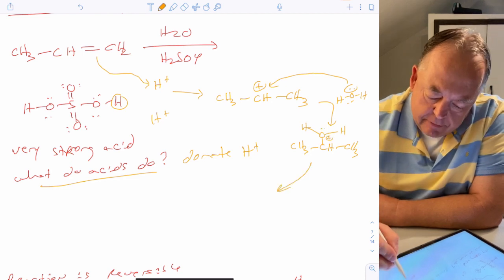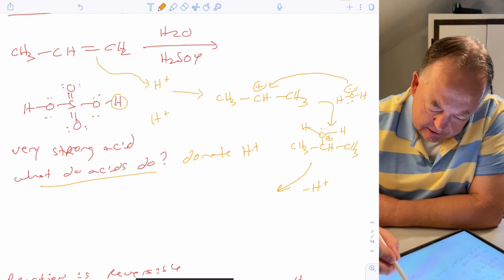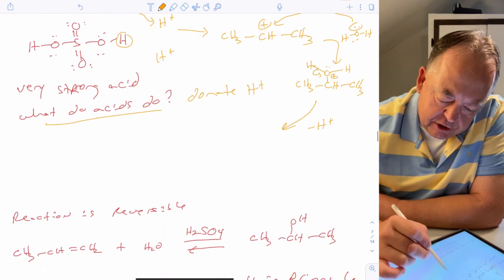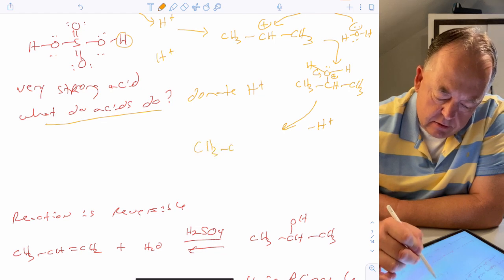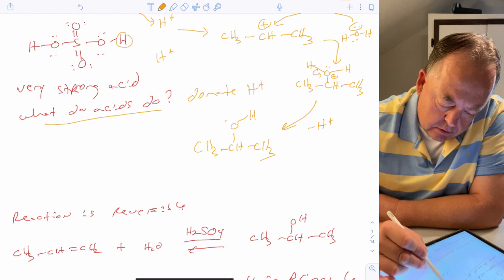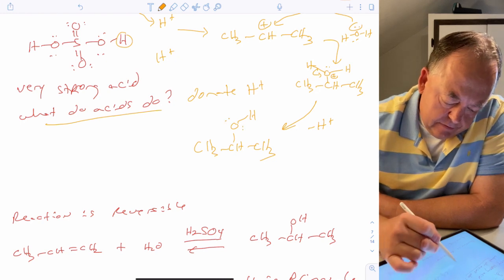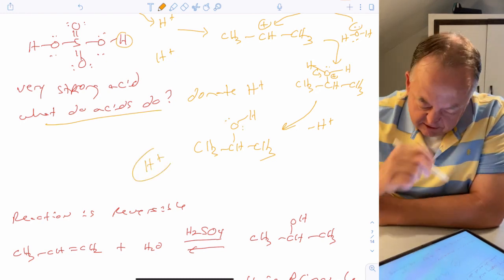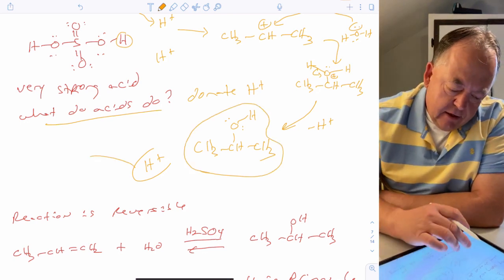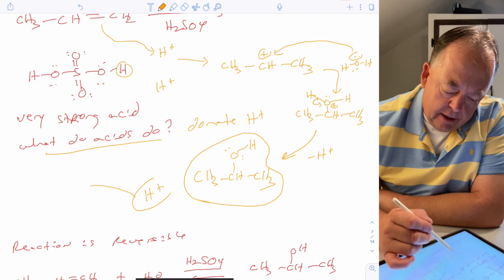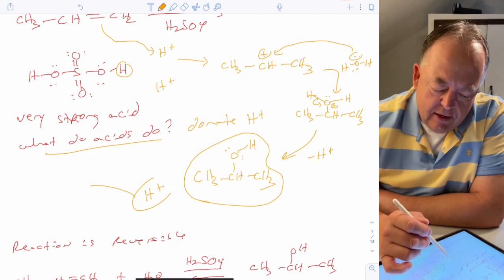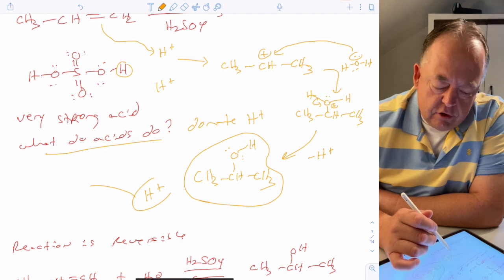And then in the last step, you lose a hydrogen. So H plus comes back off of this molecule, off of the water that you just added. And so there's your major organic product. And you got H plus back. So you used an H plus to start, and you got an H plus back at the end. So that means the H plus is not used up. That means the sulfuric acid is not used up.